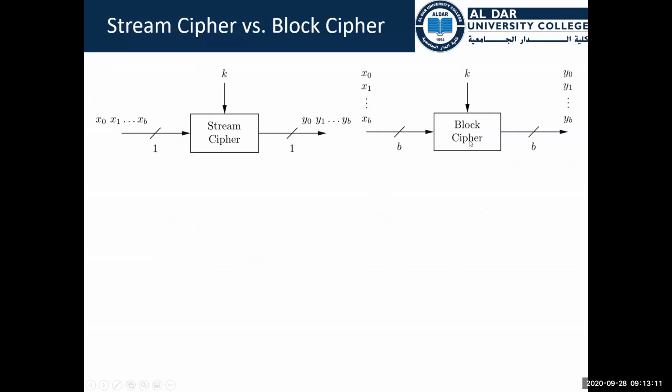But for a block cipher, we have a block and we apply the functionality on separate blocks. You can say stream cipher applies bit by bit or byte by byte, but the block cipher takes a block of bigger size, and we apply the same functionality on that block. As we have seen in the transport cipher, this was a block cipher.